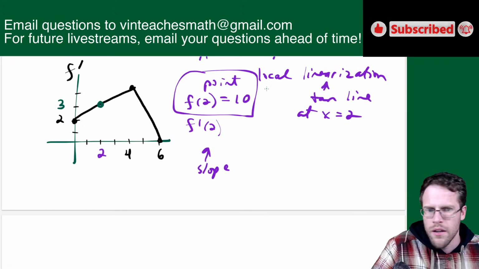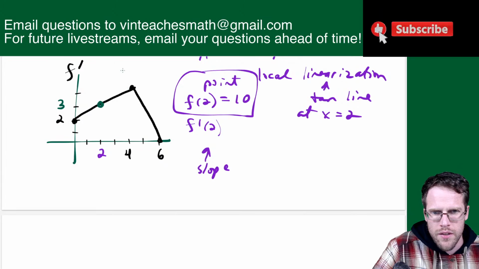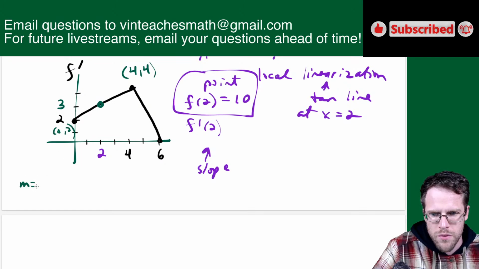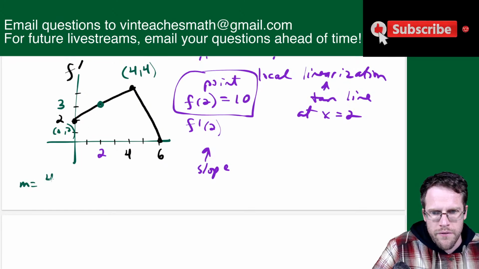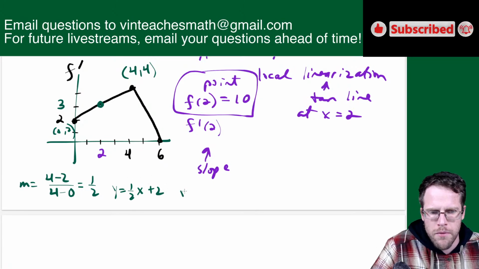The way I know that is because 0, 2 is on the graph, and this is the point 4, 4. If I take the points 0, 2 and 4, 4 and find the slope between them, that's 4 minus 2 over 4 minus 0, which is 2 over 4, which is a half. So that line would be 1/2 x plus 2, where the y-intercept is 2, if I really wanted to be precise.